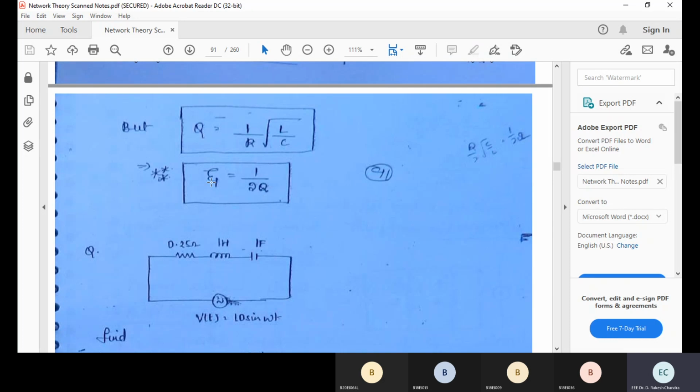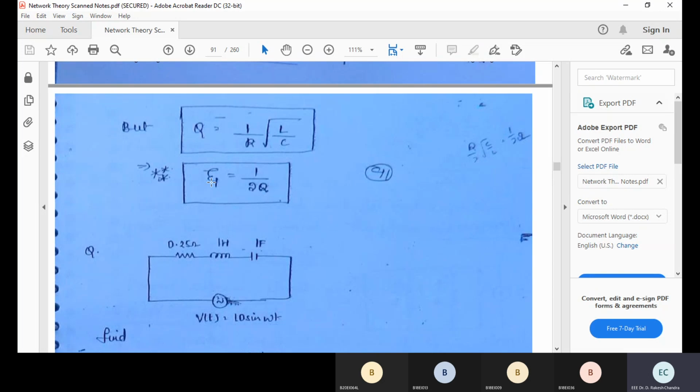You know about it. When the damping ratio is more than 1, it is an overdamped system, less than 1 underdamped, zeta equal to 0 undamped, and zeta equal to 1 critically damped. So the characteristics of systems can be identified and illustrated with the help of the damping ratio. It has more significance.